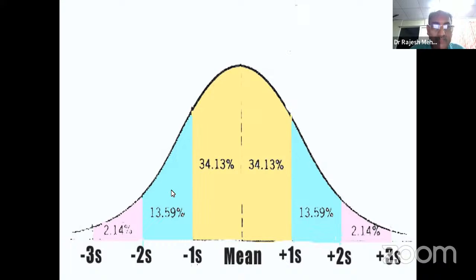If there's a problem in typing, one is by chance and two is significant. So give me an answer. What do you think? The mean is 75 centimeter and the standard deviation is 5 centimeter.